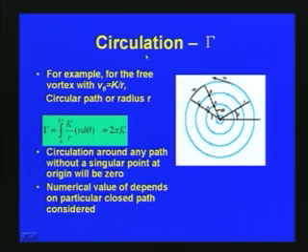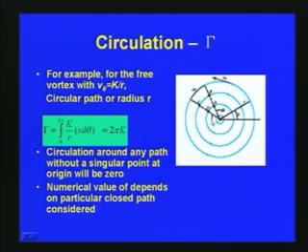Here for a free vortex we can consider a singularity inside, and then gamma is equal to 2 pi k. Circulation around any path without a singular point at the origin will be 0, and if there is a singular point at the origin, the circulation is equal to 2 pi k. The numerical value of the circulation depends upon the particular closed path considered.